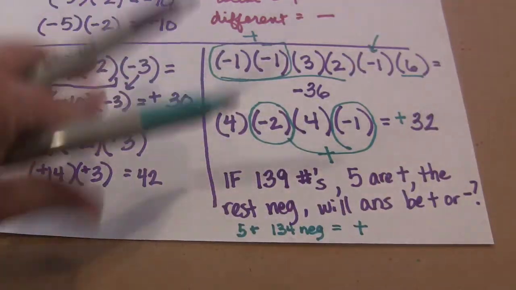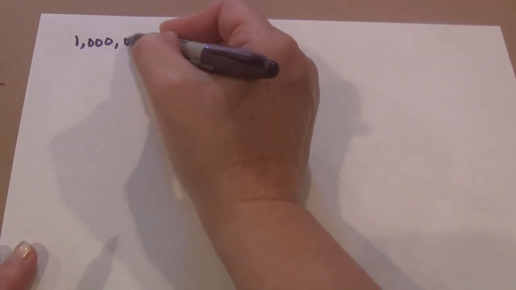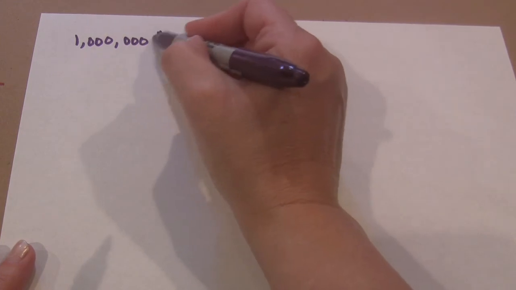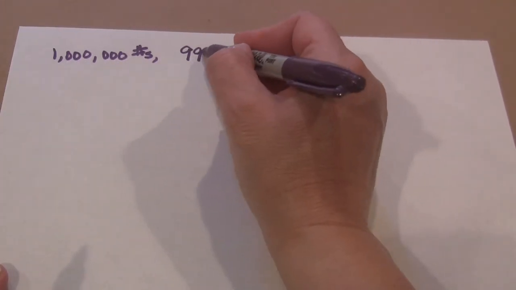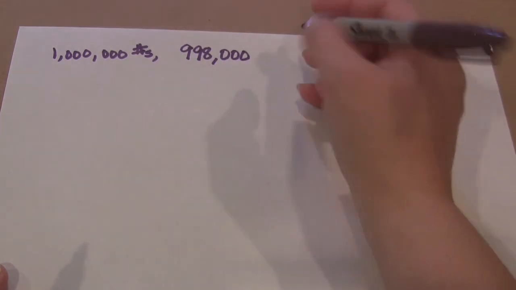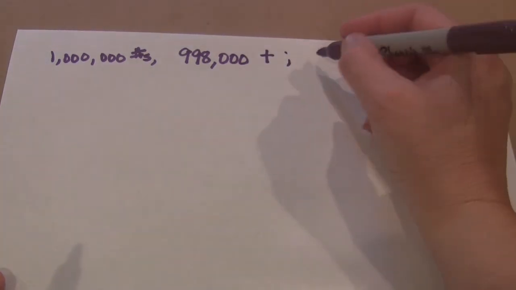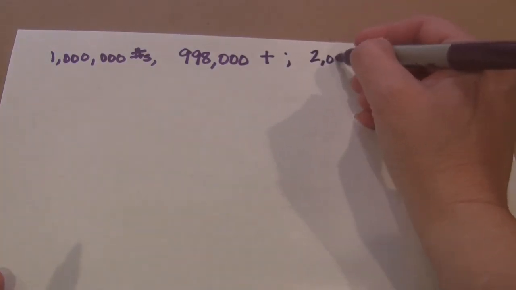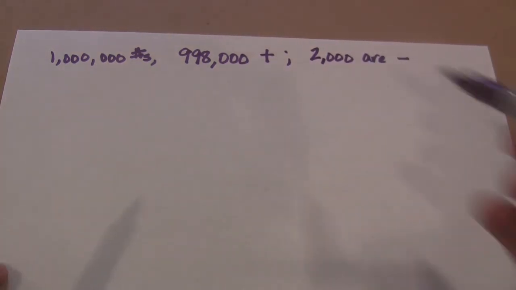If I said to you that you had 1 million numbers, and 998,000 of them are positive, and the remaining 2,000 of them are negative, what's your final answer?